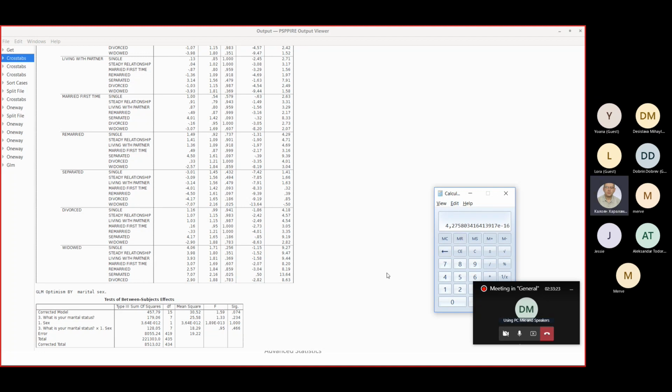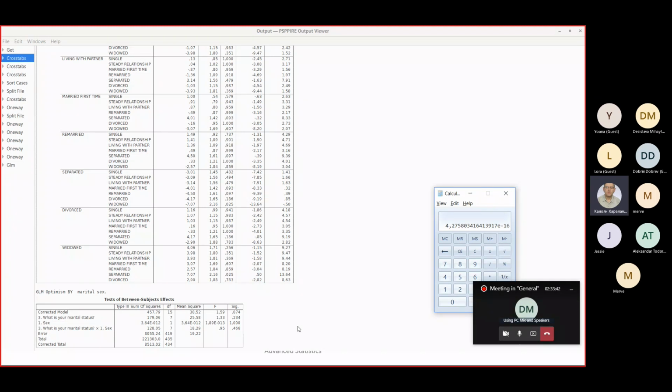So 0% of the variance of the optimism is explained by gender under the condition that marital status is constant.